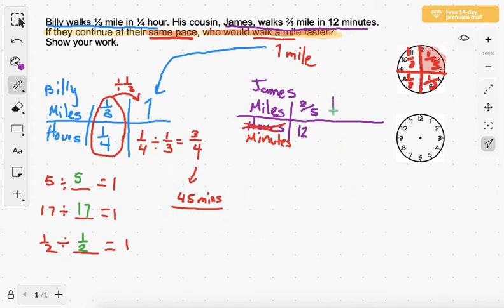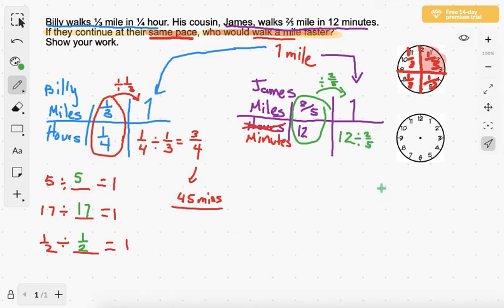Once again, I want to have 1 mile, so I'm going to end up there. As I said before, what do I do to this ratio in order to get 2/5 to 1? Well, I have to divide each number by 2/5. 2/5 divided by 2/5 is 1. Similarly, in order to get this answer over here, I have to take 12 and divide that by 2/5.